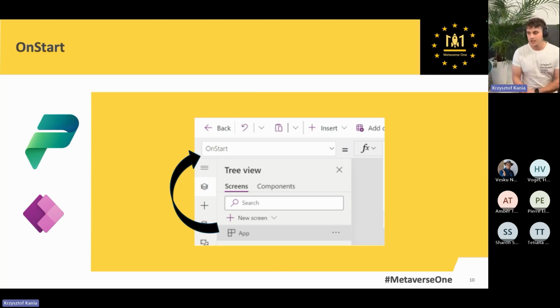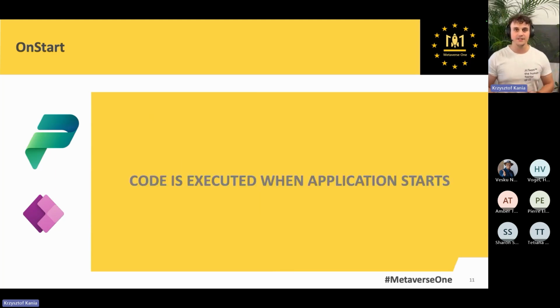This property is responsible for executing code when the application is being opened. So whenever you open your application as a user or as a developer, this OnStart code that we put there is always executed. Always it is the case.